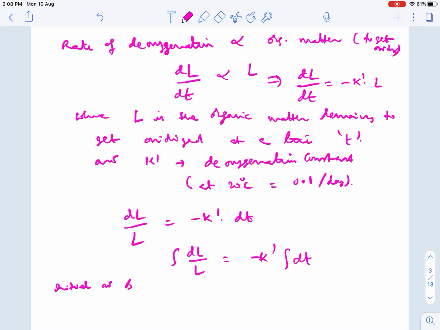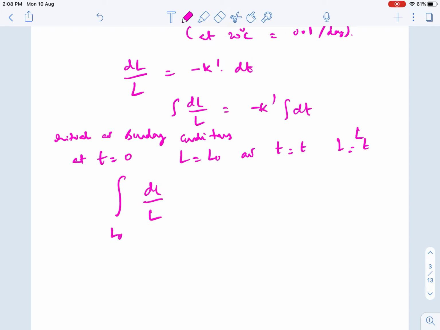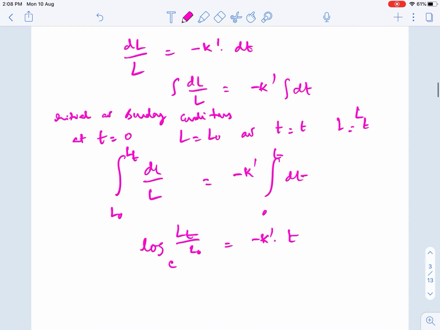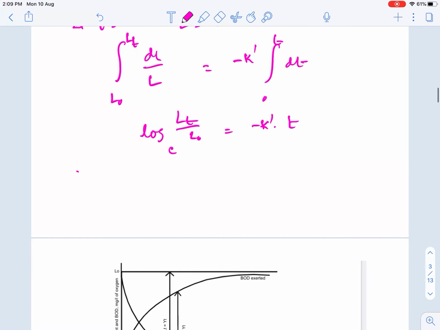So the integral of dL by L, with lower and upper limits L naught and Lt, is equal to minus K dash into the integral of dt from 0 to t. This is nothing but log of Lt by L naught to the base e is equal to minus K dash into t.